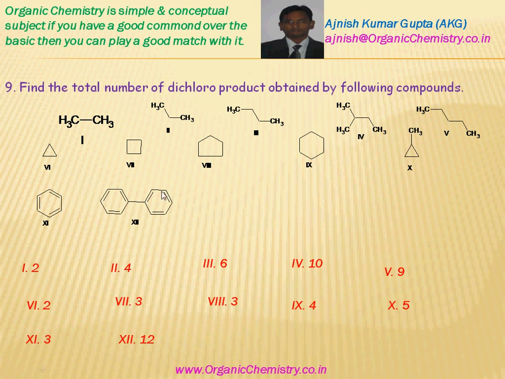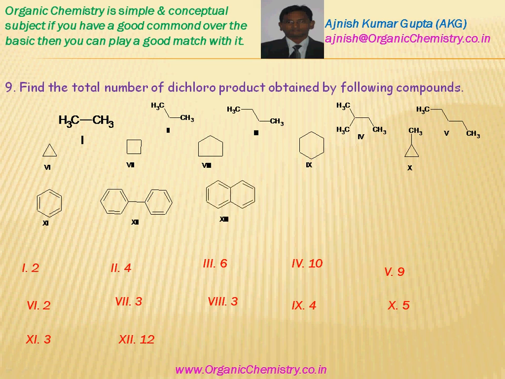Take this position 3 and in this ring this is 3, so 3,3 along with 3,4 is possible, and again para-para, that is 4,4 possible. So the answer is 12.